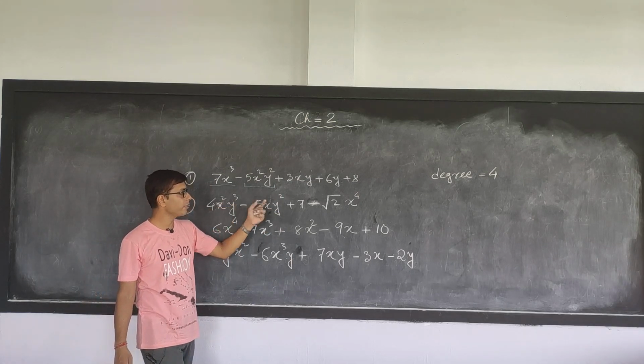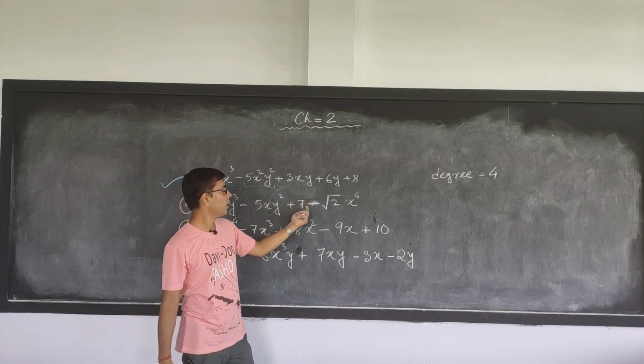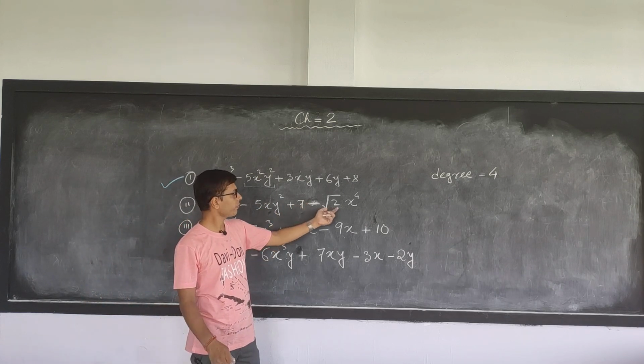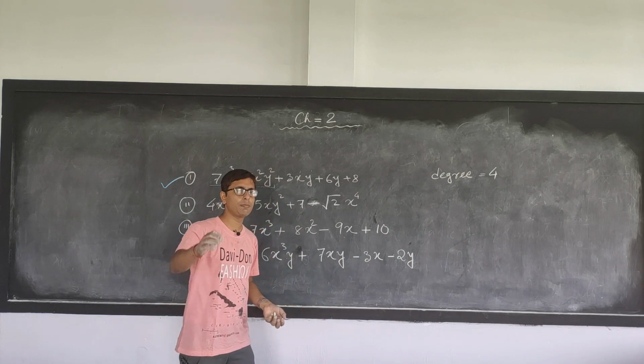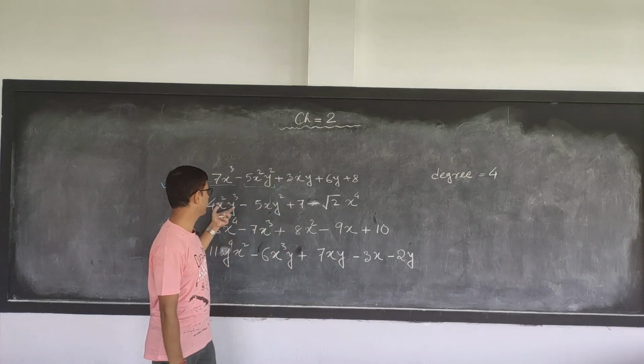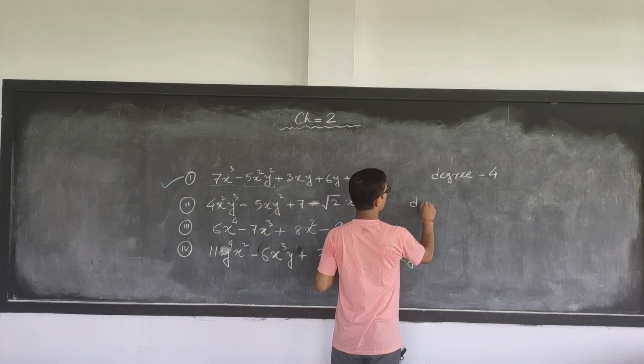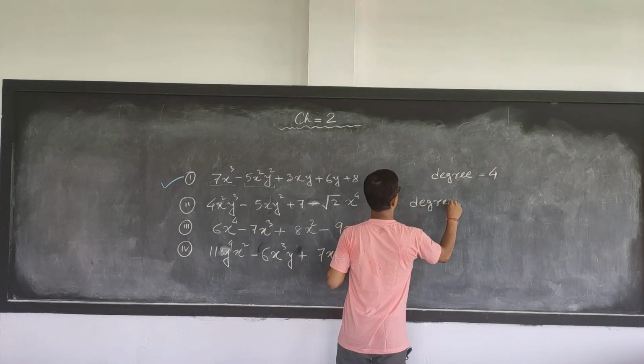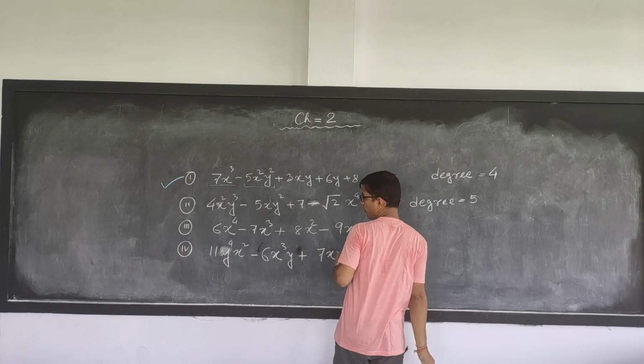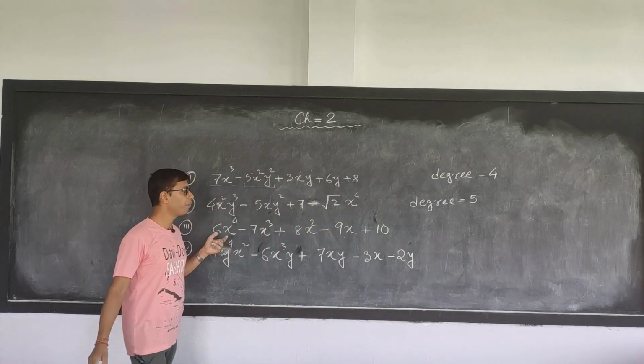Here maximum is 5, here maximum is 3. Here there is no power, that is 0. Here there is 4, so the maximum power obtained is 5 in this case, right? What is the degree then? Here also the degree will be 5.